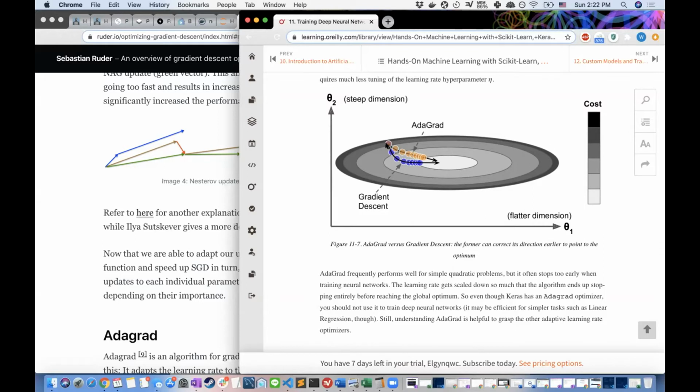And this adaptive learning rate will decrease the oscillation along that axis, and we will go directly to the minimum in this case. That's where this technique is really helpful.